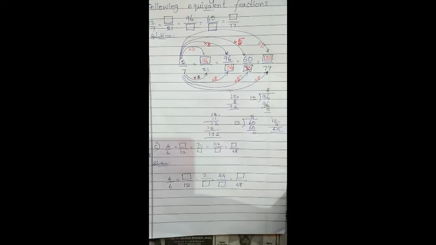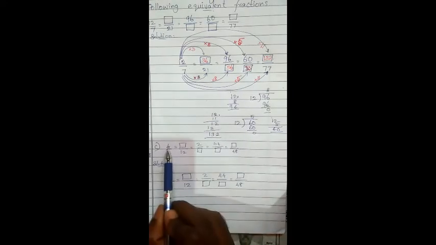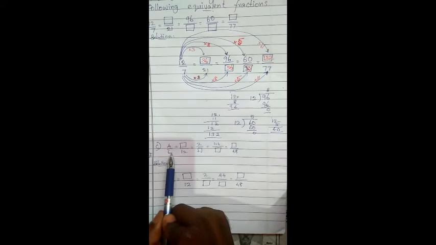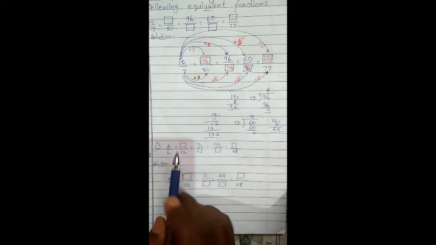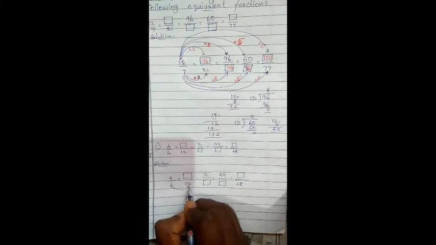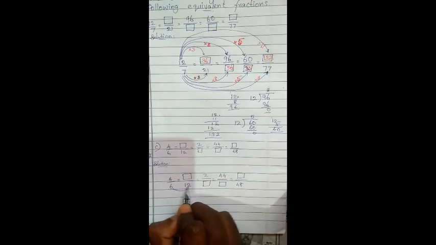Let me solve one more problem. C part. From the same exercise, page number 80, exercise 5a, question number 7c. 4 by 6 we have, and we have 12 in the denominator. How did we get 12 from 6? 12 is more than 6.